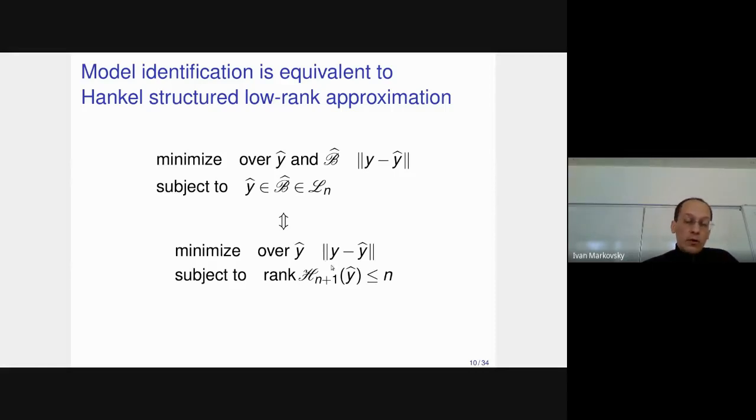Now, your question is rather on what is the size of the model. This has to do with the n, the rank. And here things become much more difficult, because if we have to consider a large dimensional model in the sense of high rank, then we have to deal with a large dimensional matrix in the approximation problem, and also a large dimensional parameter vector of the model, which makes the problem in high dimensional space a non-convex optimization.